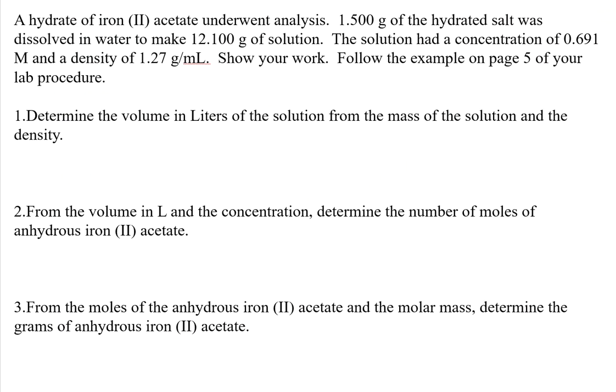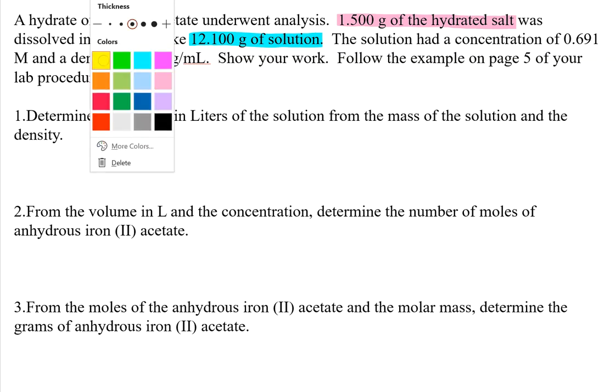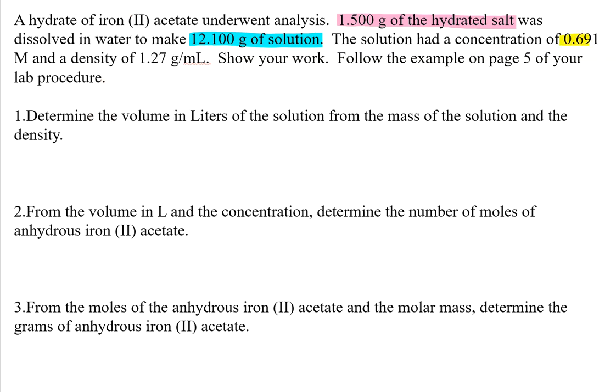I'm telling you that a hydrate of iron(II) acetate underwent analysis. 1.5 grams of the hydrated salt was dissolved in water to make 12 grams of the solution. The solution had a concentration of 0.691 molar and had a density of 1.27 grams per mL.